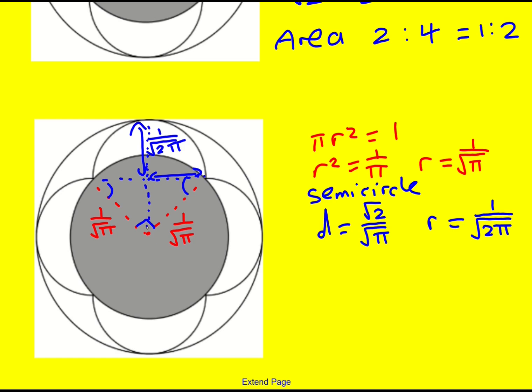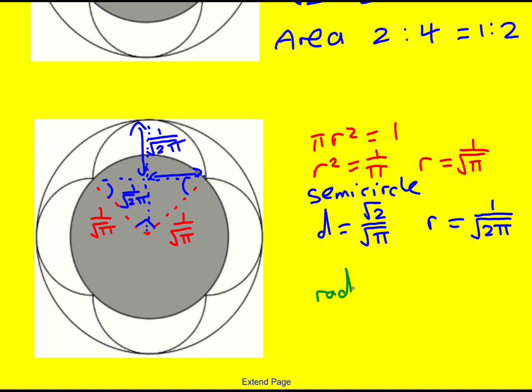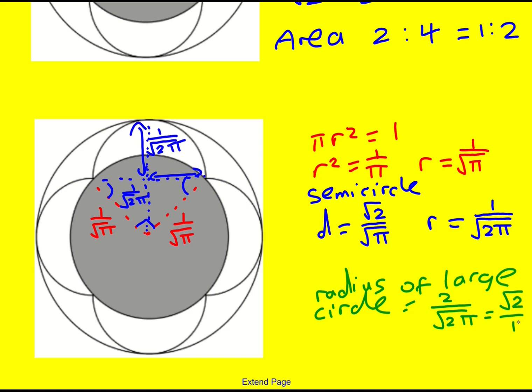If I draw a line going down the middle, I see again I've got this isosceles triangle, so this must also be 1 over root 2 pi, which means the radius of the large circle is going to be these two added together. It's going to be 2 over root 2 pi, which then becomes root 2 over root pi.